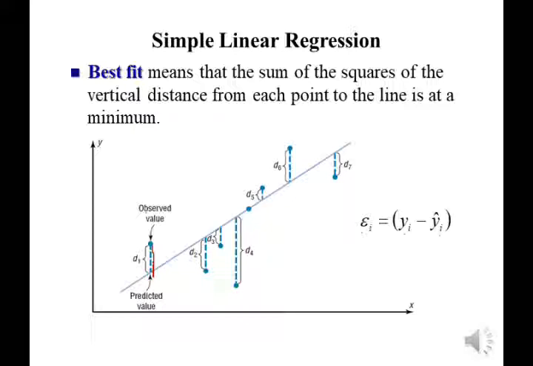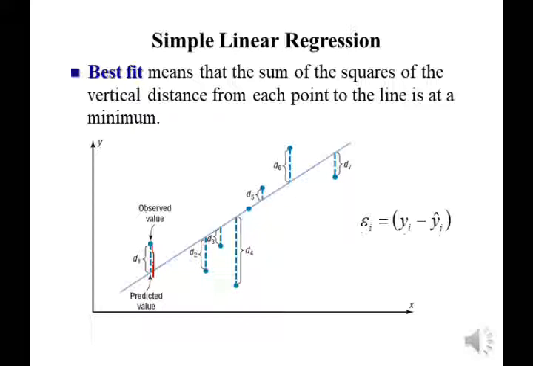One is called the observed value, the one that we already have on the scatter diagram, and one is called the predicted value, the value that we have on the line. So for every x I can have two y's.